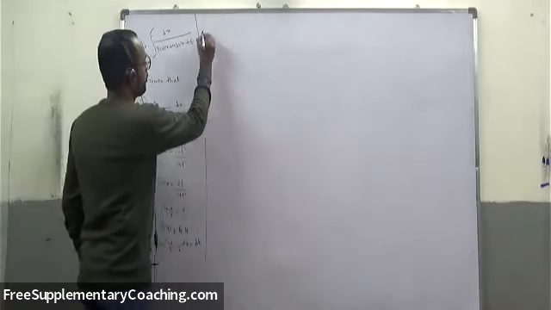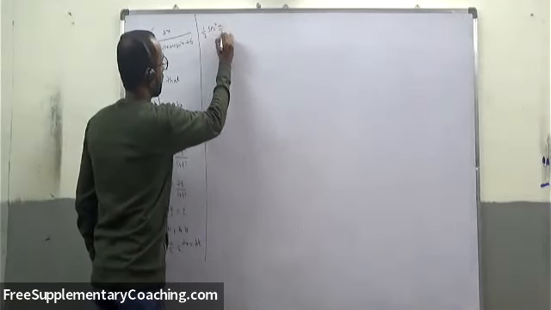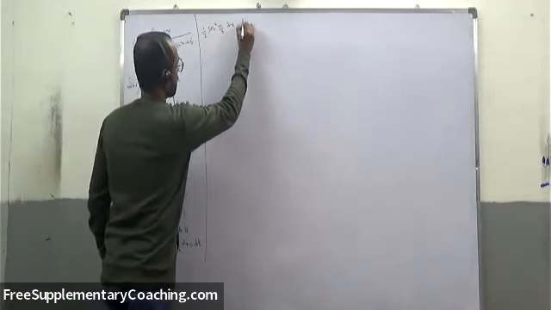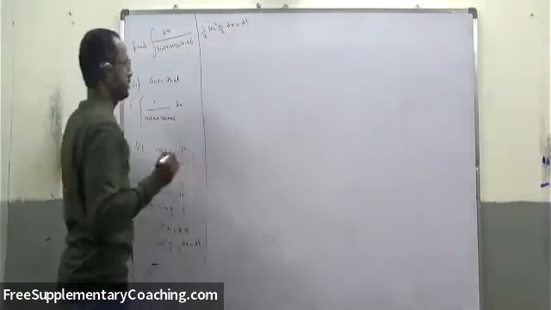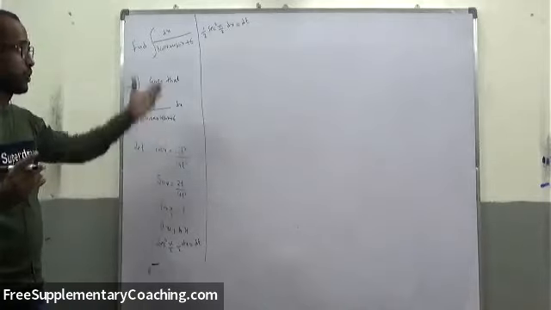So 1 by 2 secant square x by 2 into dx is equal to dt. After differentiation of tan x by 2, we have got that form.